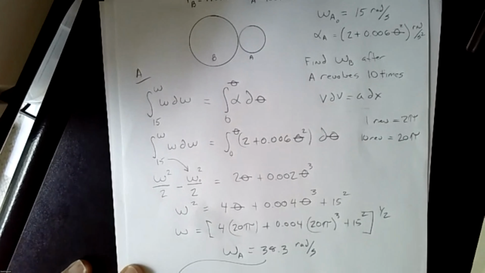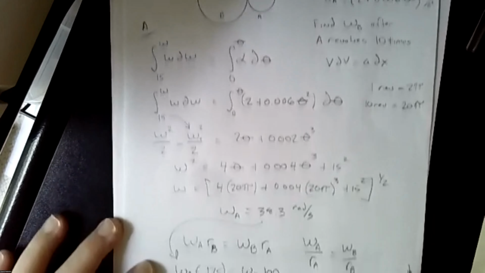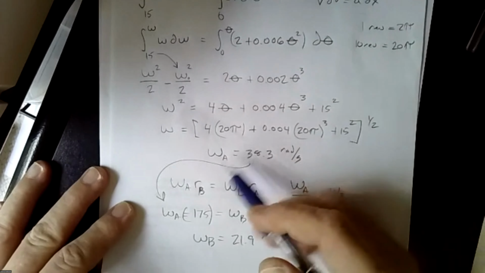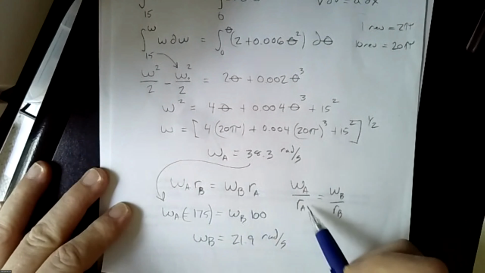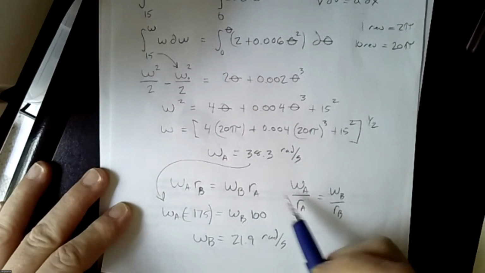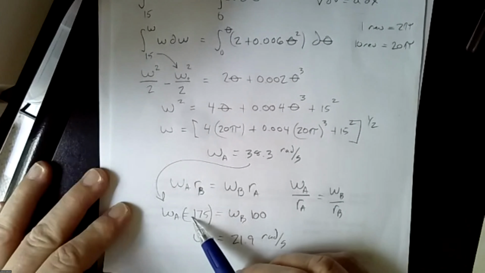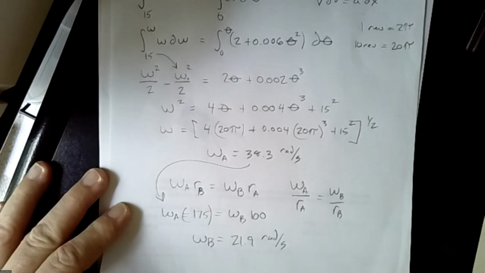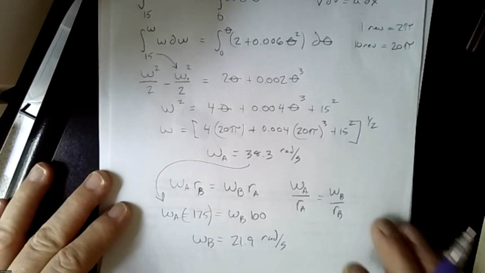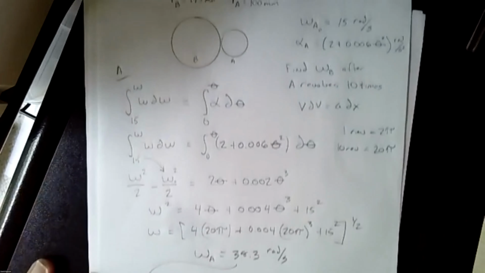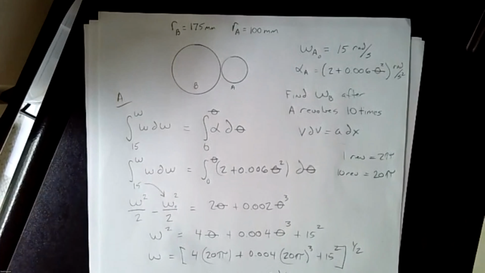It's bigger, so it should go slower. Sorry about that. So this is your relationship here. Cross multiply, we get this. Plug in that, get that. All right. So you can always pause and go back over it, but it's pretty straightforward.